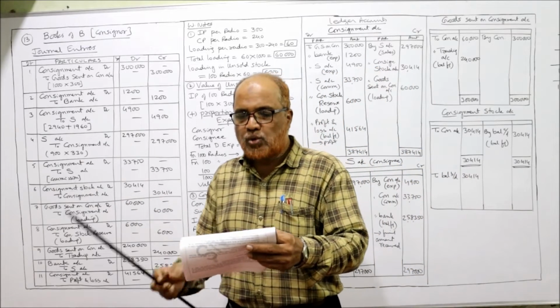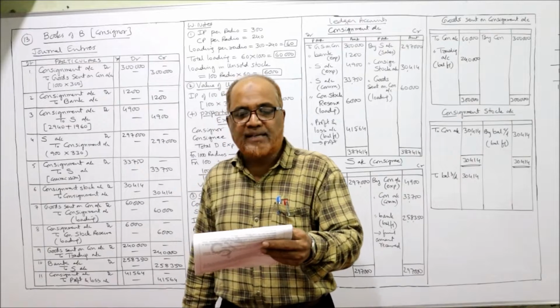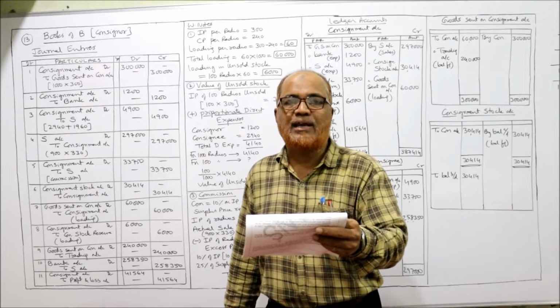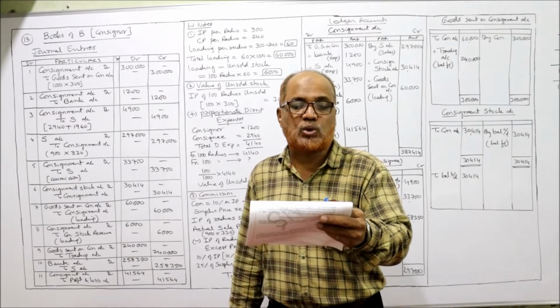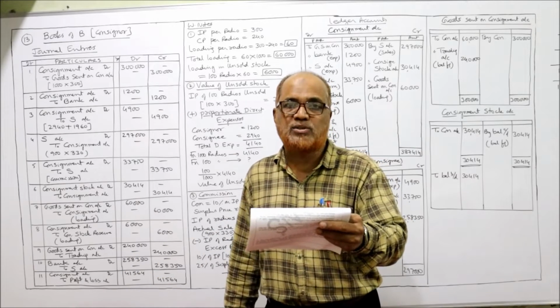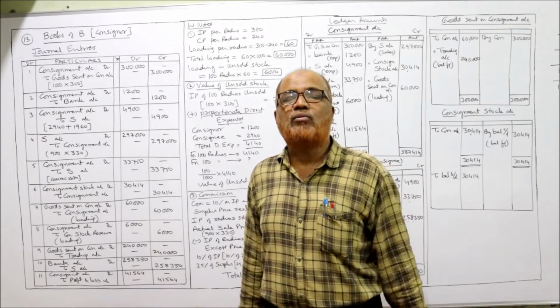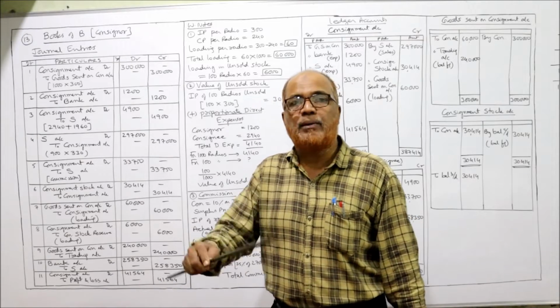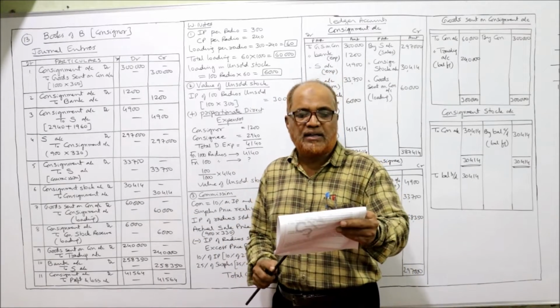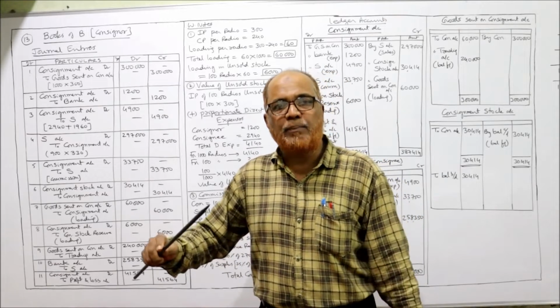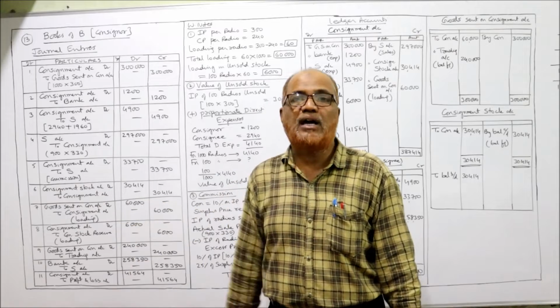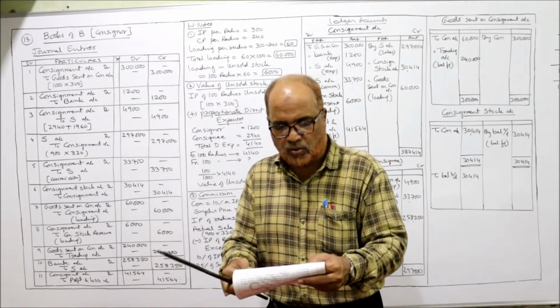The radios are to be sold on behalf of B. S is to receive commission at 10% on the invoice price and 25% of any surplus price realized over and above the invoice price. So in the working note, we have to calculate the commission payable to the consignee. That I'll show in the working note.